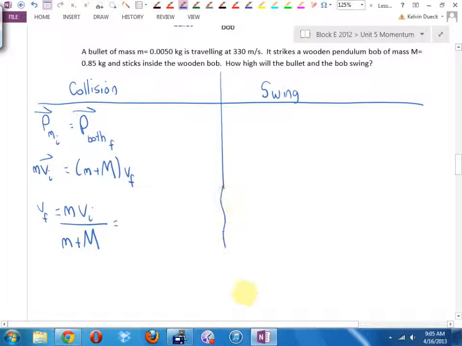Little m, 0.005, 330, divided by 0.855. I think that's what you get when you add 0.005 plus 0.85. Yeah? With what speed do they move off after the collision?